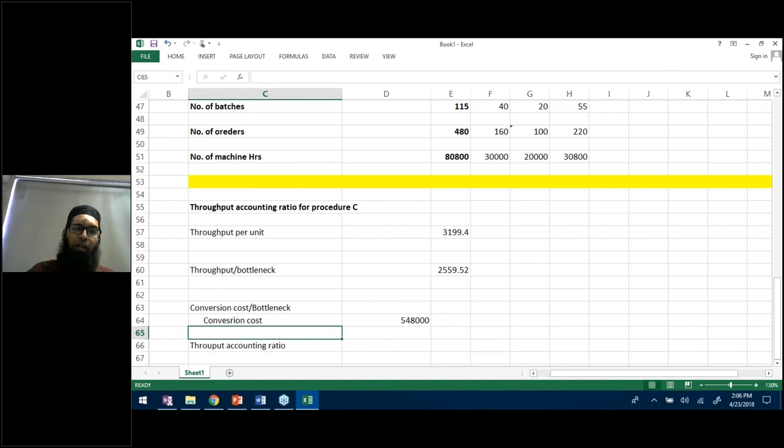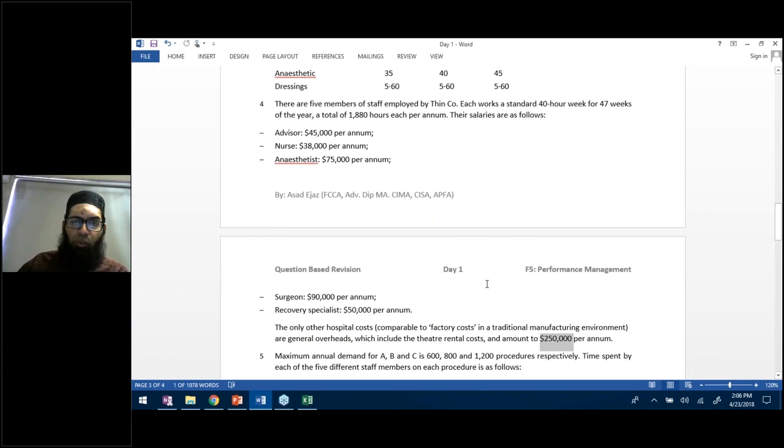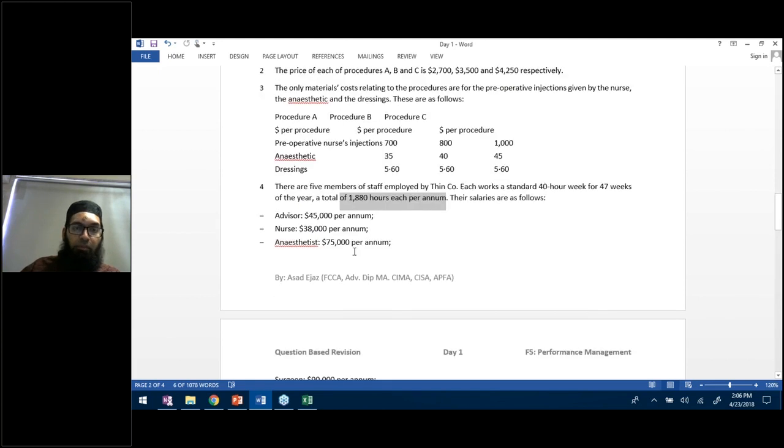Now to calculate the conversion cost per bottleneck, my bottleneck hours should be, let's see whether it is given in the question or not. If it is not given in the question, we will be calculating it. And over here, if you can see the highlighted portion, we have been told that each person, that includes surgeon as well, works for 1880 hours. So my per annum bottleneck is 1880 hours.